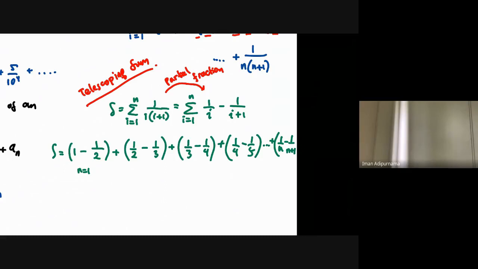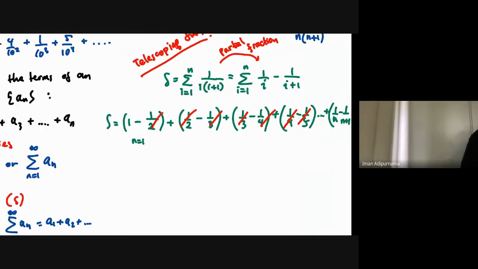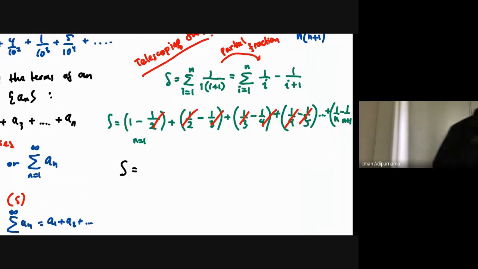So the idea is you need to find a way to break down this long chain, and then we can cancel. And we say that the S is actually 1 minus, okay?